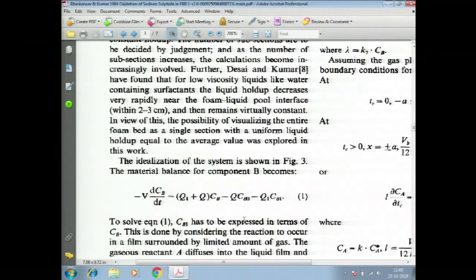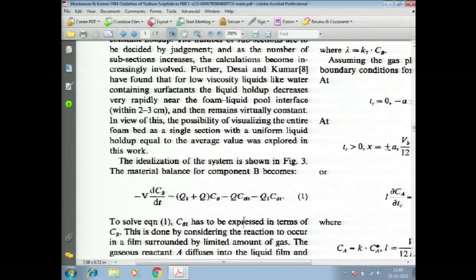If the reaction were very slow, the liquid would almost become saturated with the solute. Take this same example, suppose sodium sulphide is not there. You do an experiment in which only water is taken and you are bubbling air through it, foam forms, but oxygen upon dissolution has nothing to react with, and oxygen solubility in water is not very high.